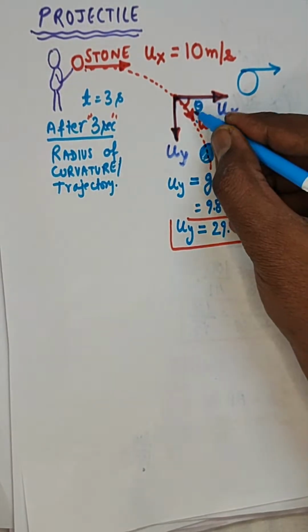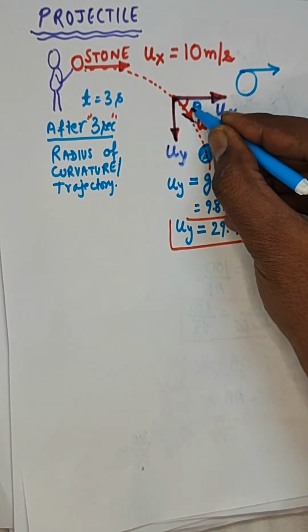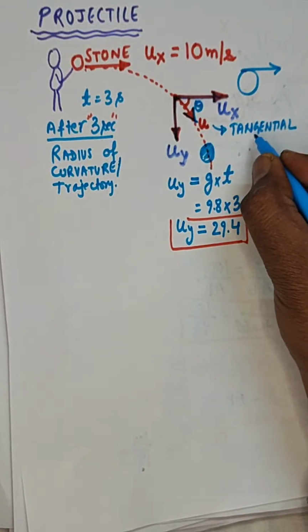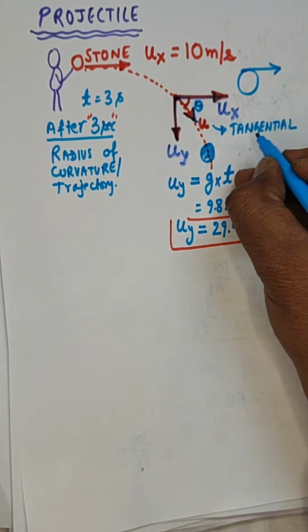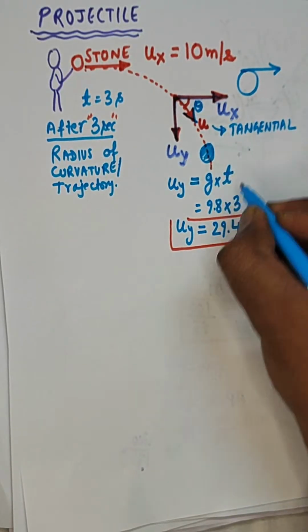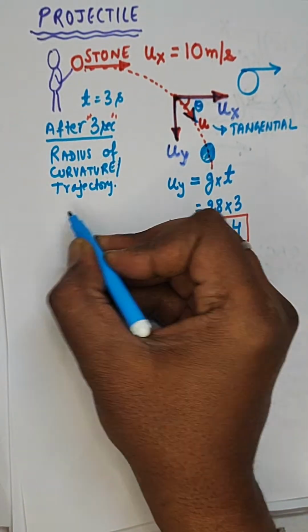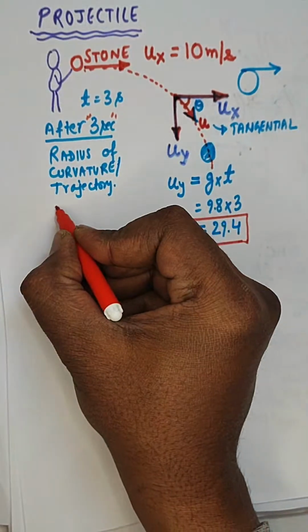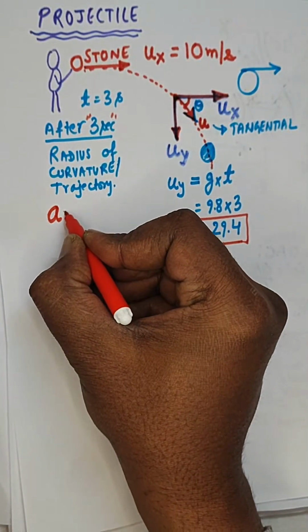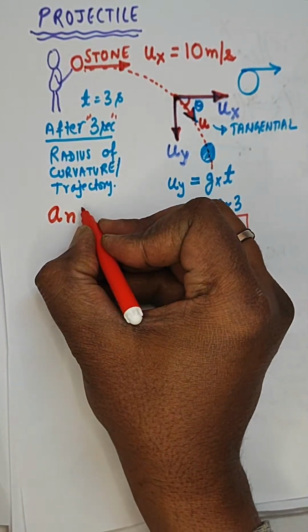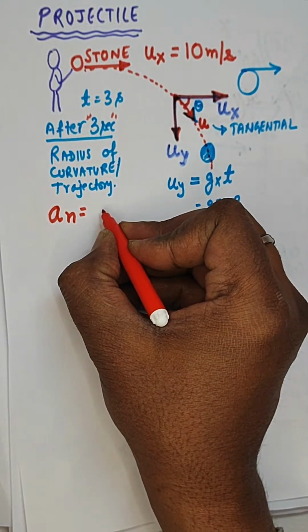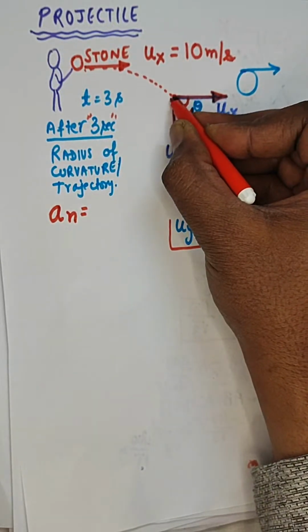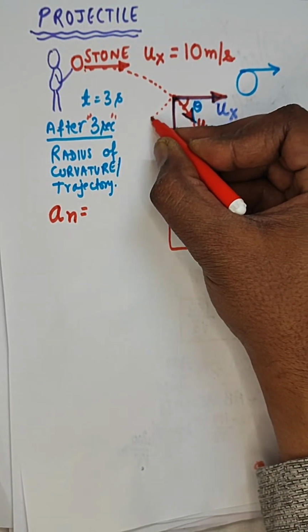So if this is the tangential component of the velocity, then normal to this, let me take the normal acceleration. The normal acceleration to the tangential velocity will act in this direction.